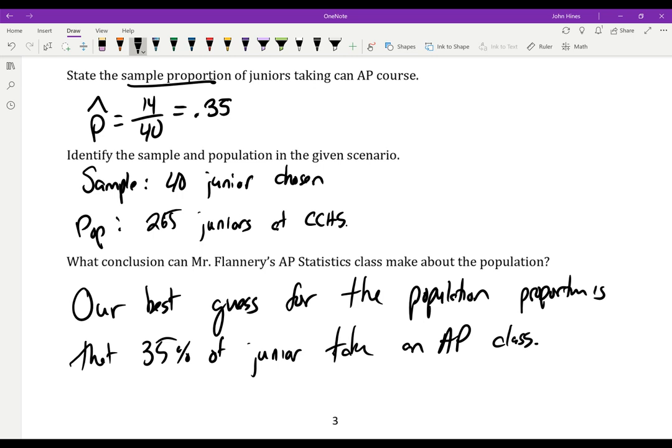Is it exactly 35%? It could be, it might not be, but it's probably around 35%. And that's what we're going to look at going forward. All right, my sample said 35%. What do we think the true proportion could be? What do we think that unknown value could be?